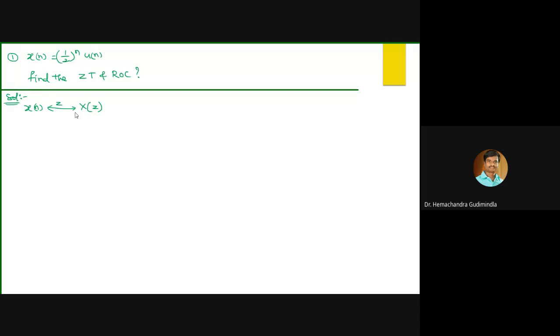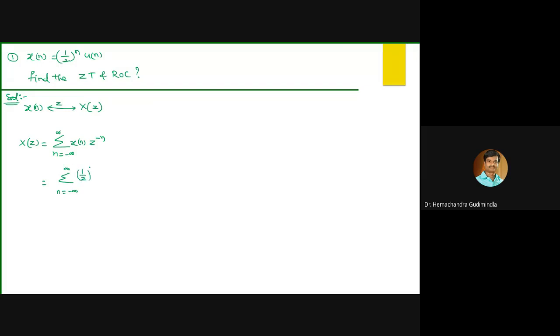So x of n, its z transform is x of z. Now what is the z transform for this? X of z is equal to summation n equal to minus infinity to infinity x of n z power minus n. What is x of n?